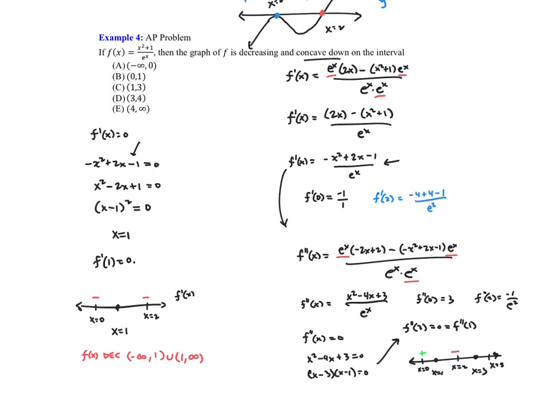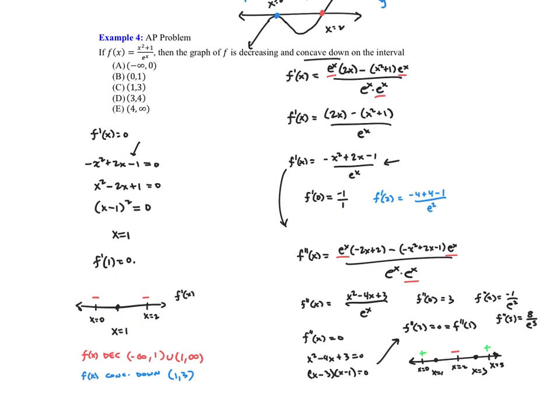Let's plug in a 5. f double prime at 5 would be 25 minus 20, which is 5, plus 3, which is 8 over e to the 5th. 8 over e to the 5th, of course, will be positive. So f of x is concave down on this interval from 1 to 3.